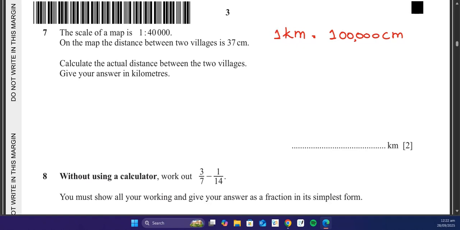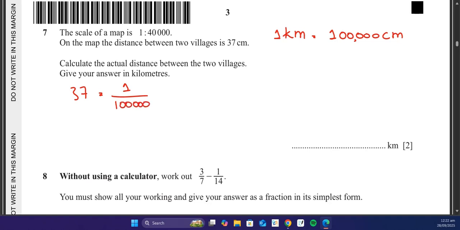Okay, and the scale of a map is 1 ratio 40,000. So what we could do is say 37 centimeters is equal to 37 over 100,000 kilometers.